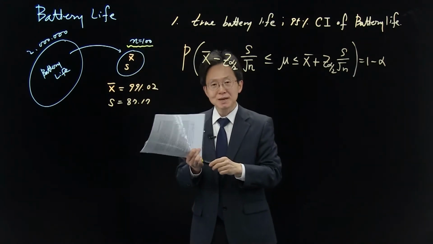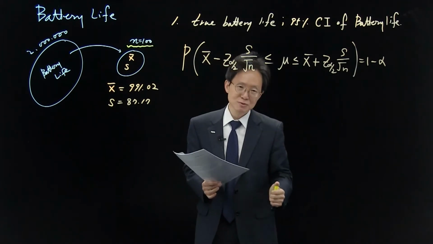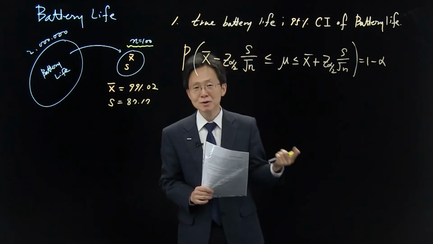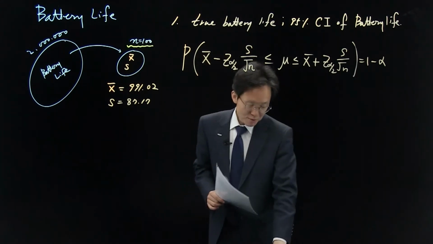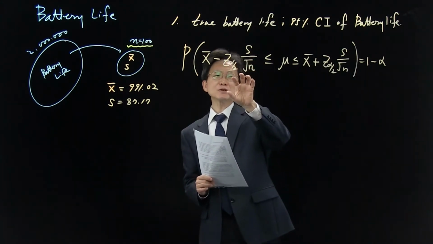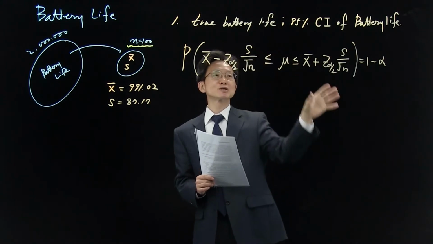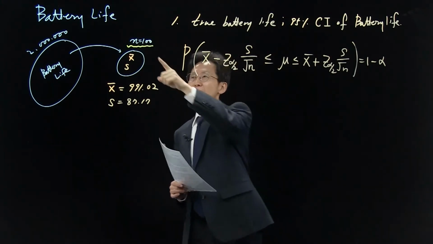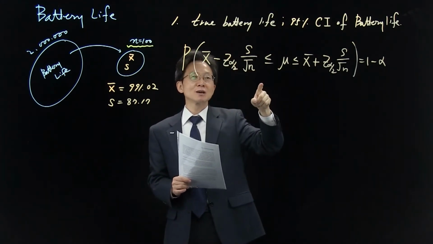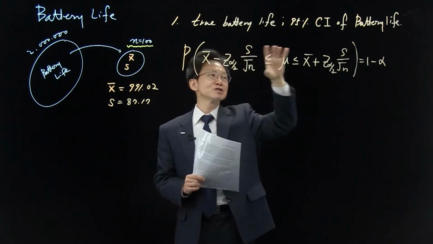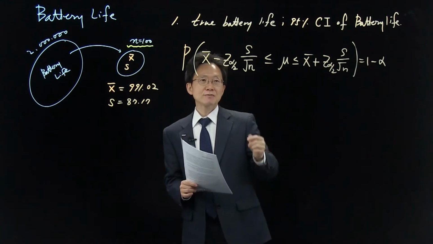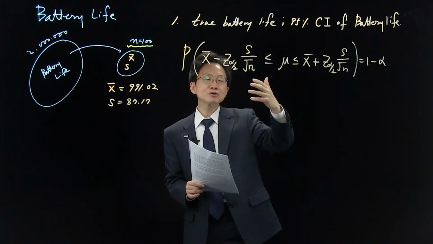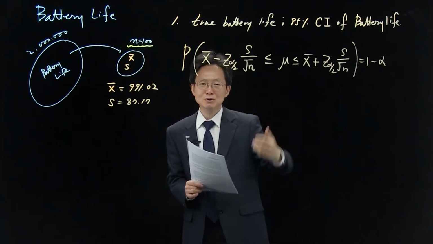Not that big, but n equals 100 is not that bad. So the first approach we want to use is this one, and assuming that n is relatively large, I hope that we can use these z values rather than t values.